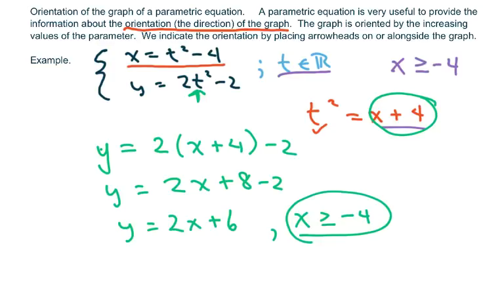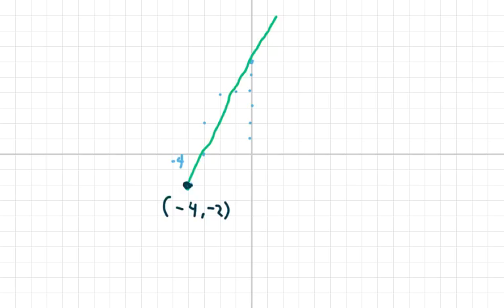So let's look at this. I went ahead and kind of graphed it. So let me write the equation again. Y equals 2x plus 6. So if t was negative 3, then we're going to have 5, 16.